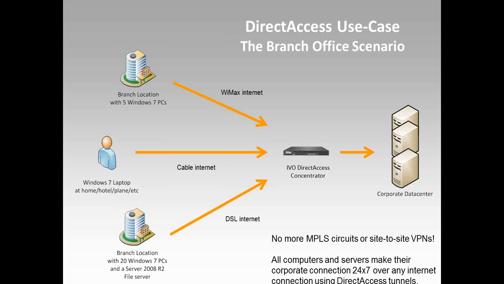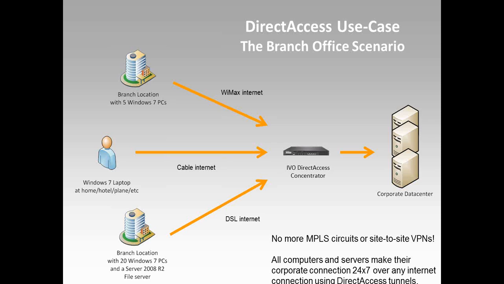And the other way that we commonly see is some kind of a site-to-site VPN, which then allows you to use more of a regular internet connection, but site-to-site VPNs can be problematic, to say the least. So what we have seen more in the field now is that companies with DirectAccess are starting to be able to ditch those old ways of doing the branch office scenario.